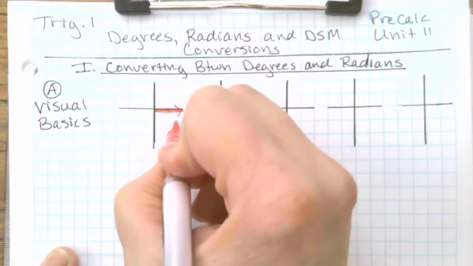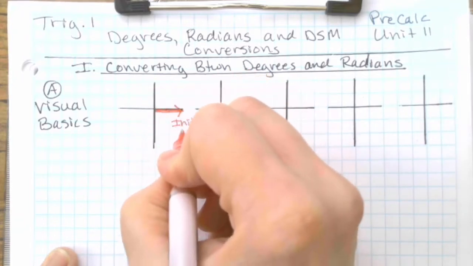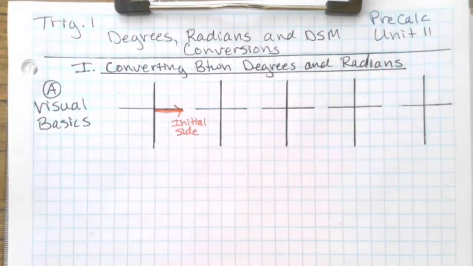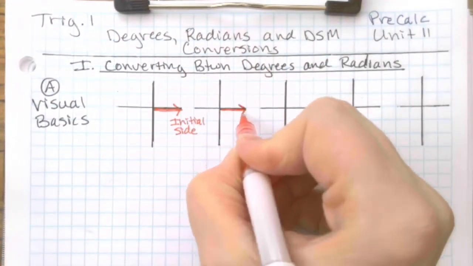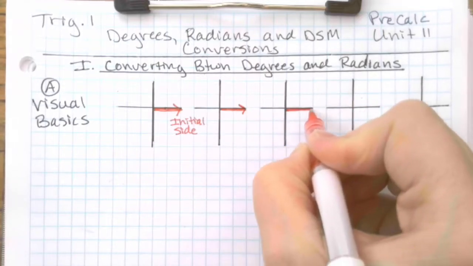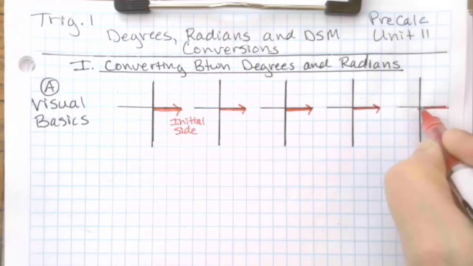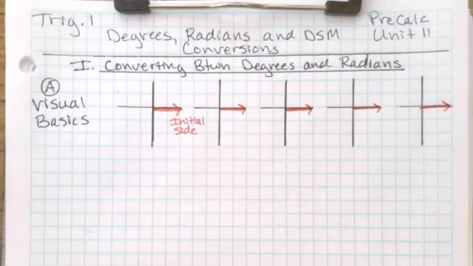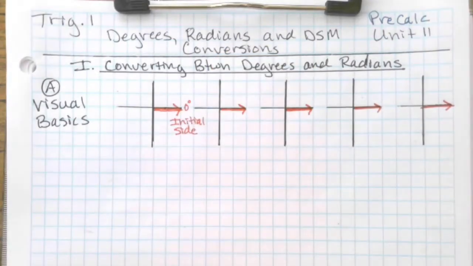And again, we call this the initial side of the angle. It's the one that stays in place. It doesn't move. So in fact, to show all the different measures we're going to, the initial side is always pointing directly right. Directly right is your 0 degree point.